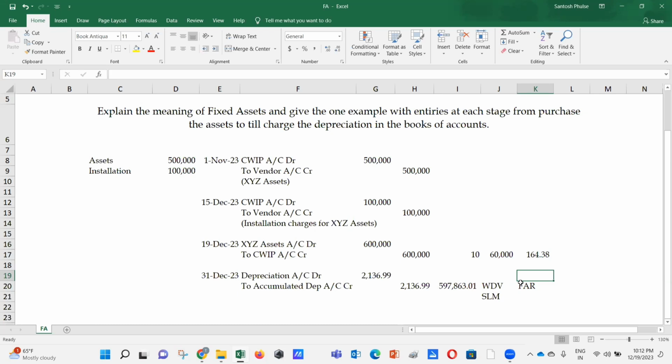Whatever fixed asset balance we have must be matched with your FAR, fixed asset register.